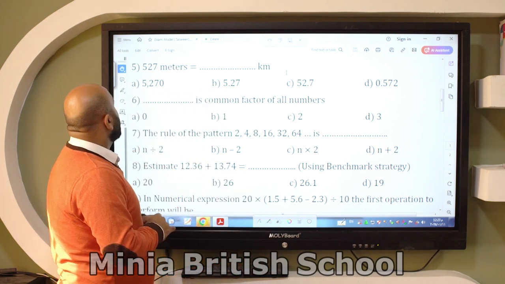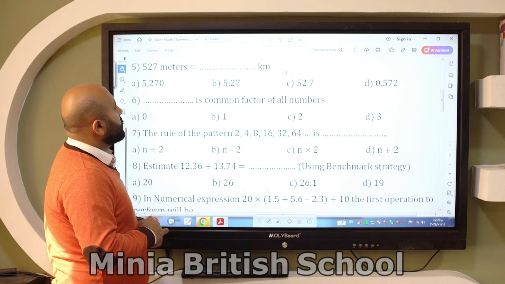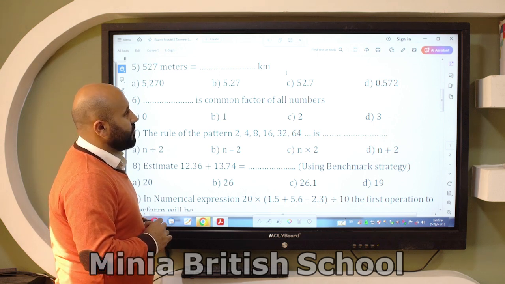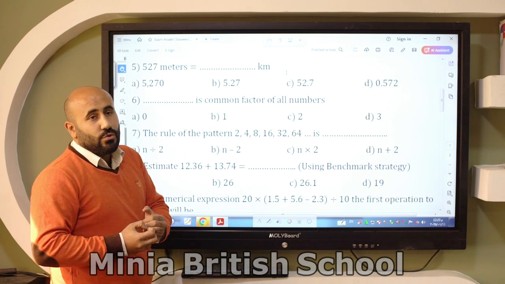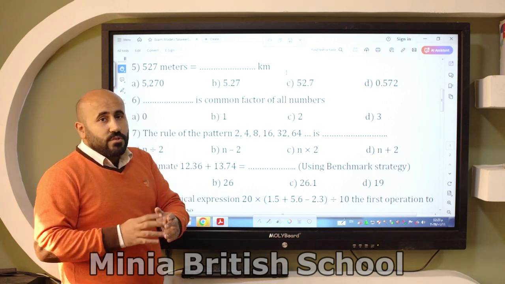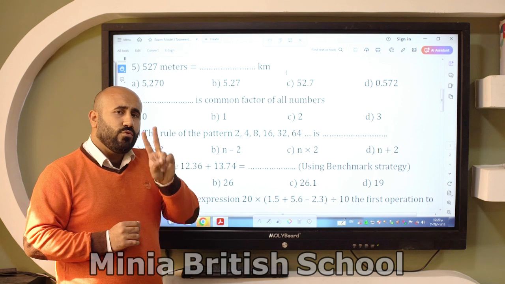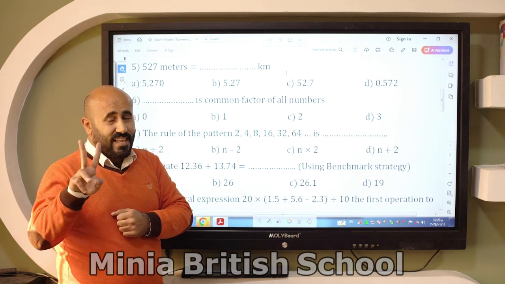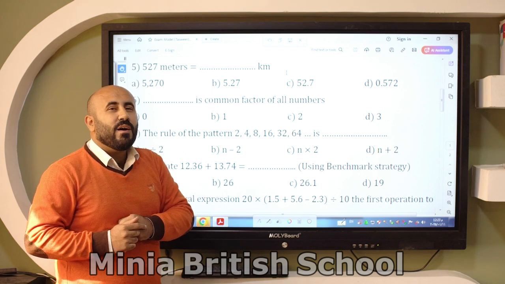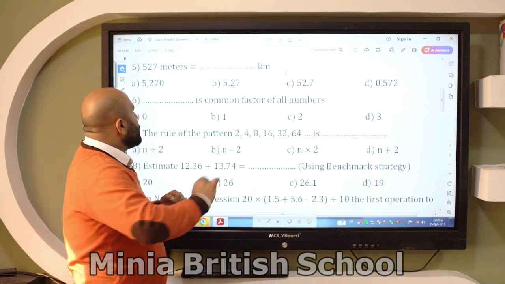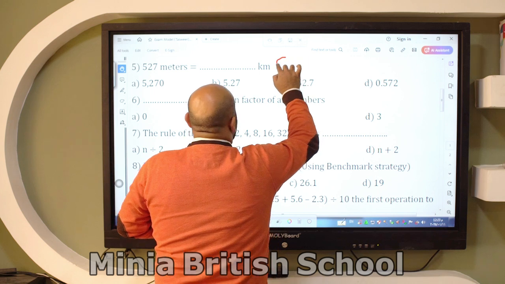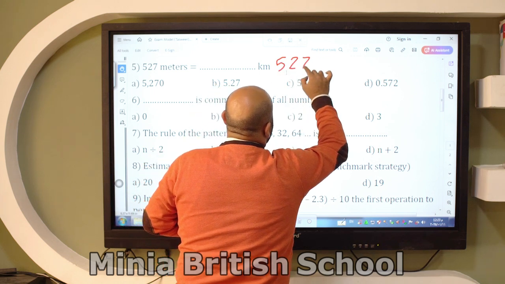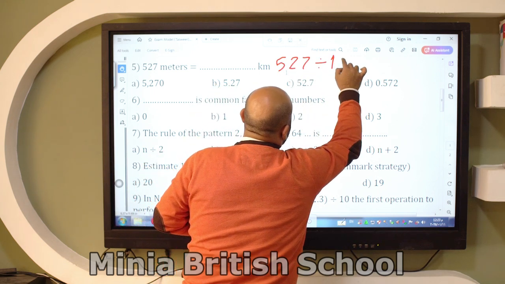I have 527 meters and I want to convert it into kilometers. If I want to convert from meters to kilometers, I have 2 options. First option, I will divide by 1000, and the second option, I will multiply by 1000. So 527 divided by 1000.